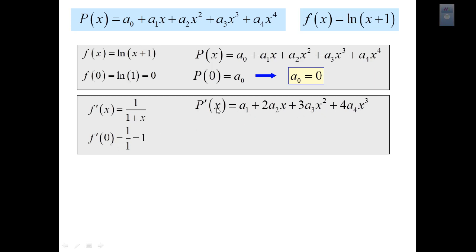So p prime of x equals this, and if we find p prime of 0, then x equals 0 means that term goes away, that term goes away, and that term goes away. So p prime of 0 would equal a sub 1. Well, p prime of 0 is the approximation of f prime of 0, so p prime of 0 should be equal to f prime of 0, which means that a sub 1 is going to equal 1.